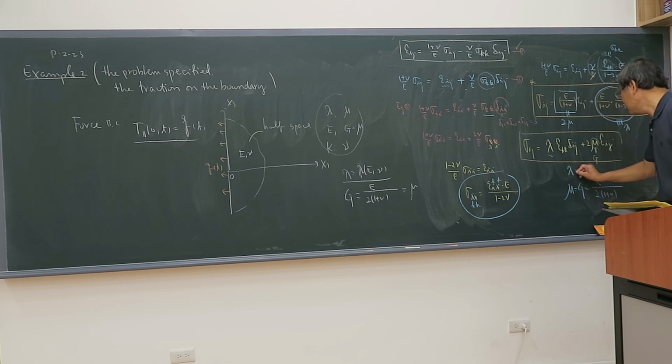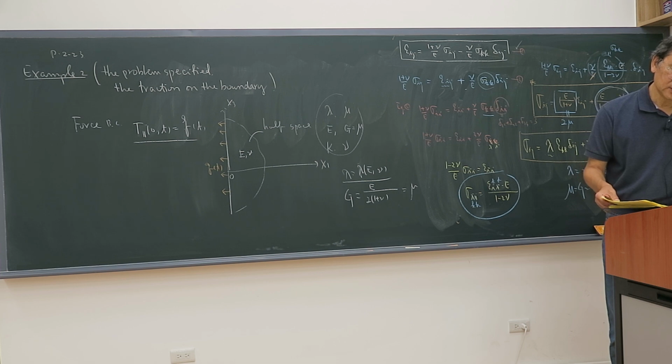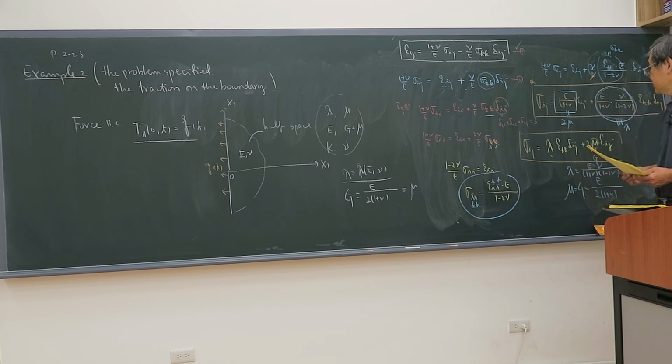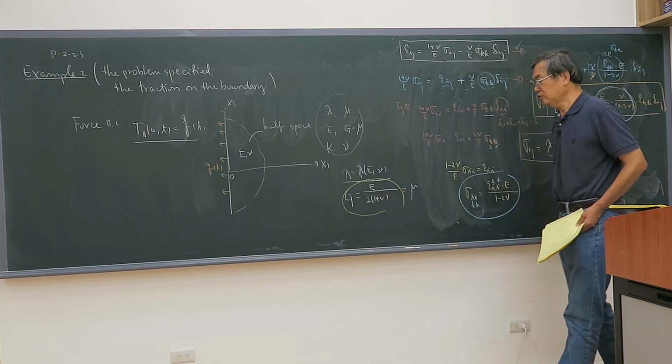And the Lamé constant is equal to Eν/((1 + ν)(1 − 2ν)). Okay? So this is a way to show you any elastic constant can be expressed by another two material constants. I didn't prove the relation between μ and this, because here I directly use it as a known value, but you still can show G equal to this one.